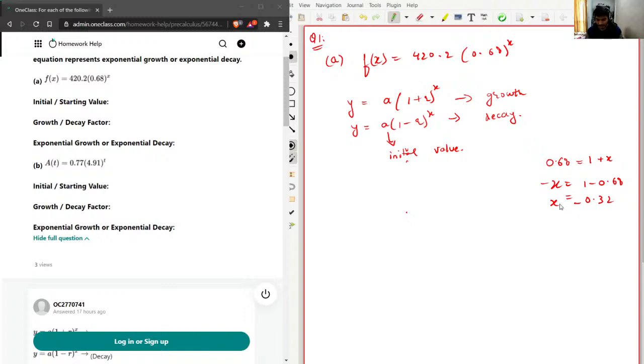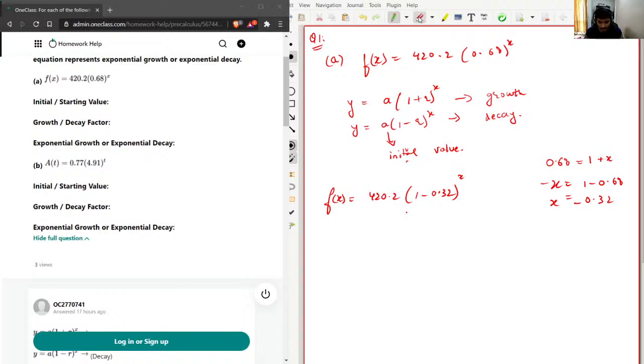If I put x equal to minus 0.32, then it will correspond to the case of decay. So I can write f of x as 420.2 times (1 minus 0.32) raised to the power x. Don't get confused with this power x and this x.